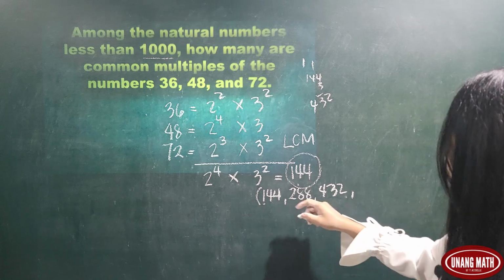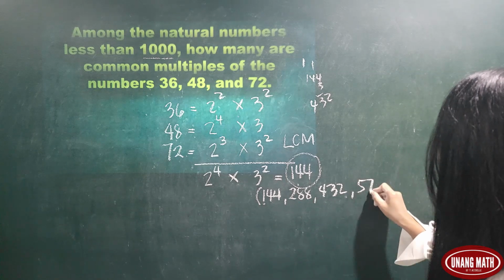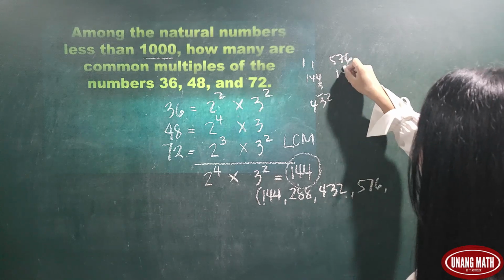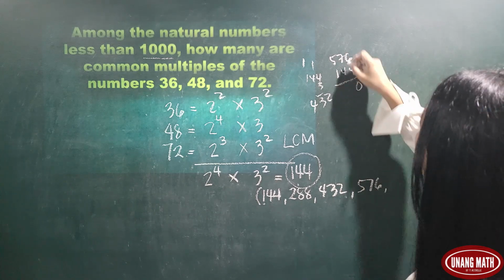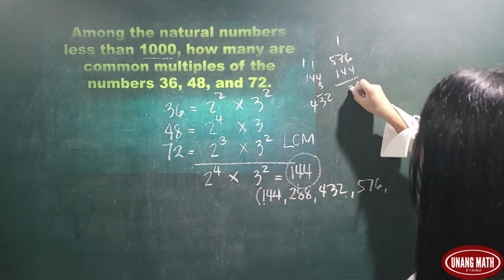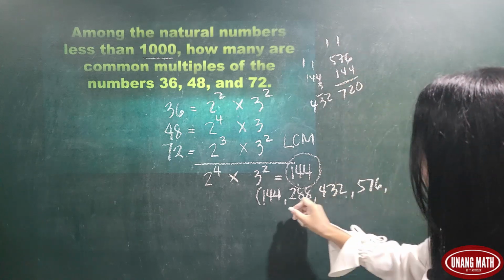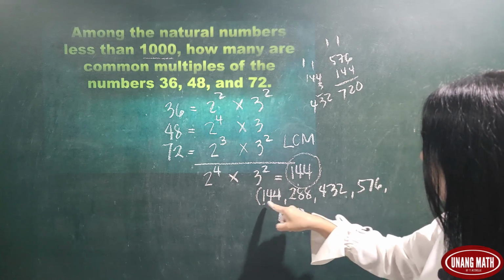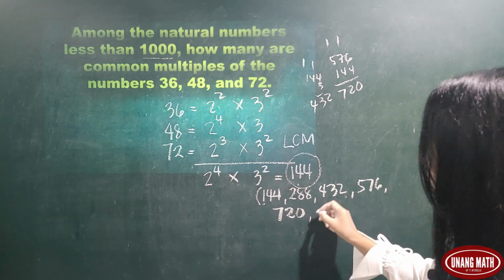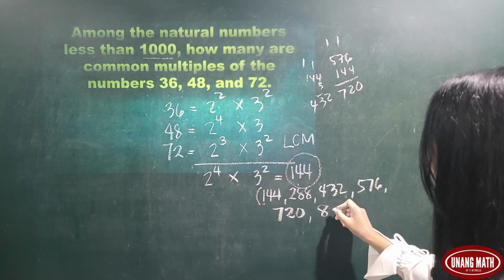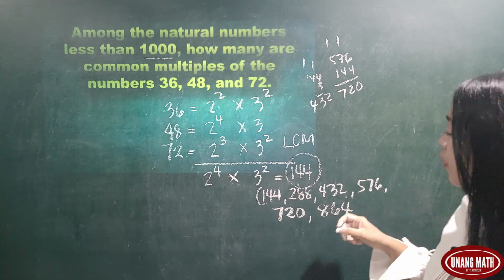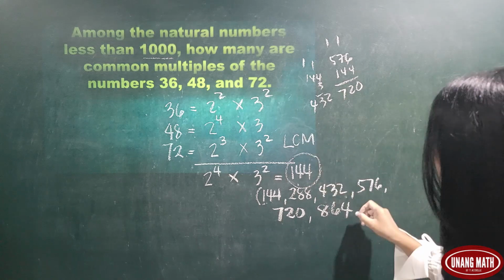So this is 576. Okay, next, 576 plus 144 is 720. Still, we can add 144 to 720, which gives 864. 864 plus 144 is more than 1,000 already.